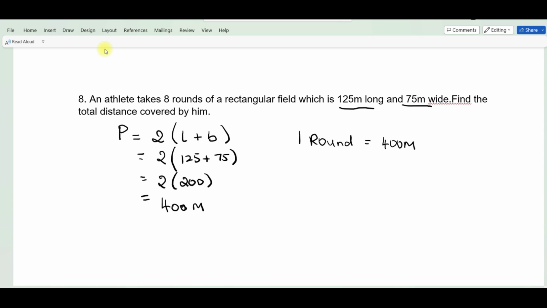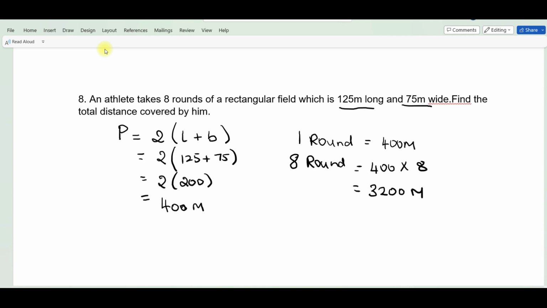So we have to calculate the total distance for 8 rounds. For 8 rounds it would be just 400 into 8, which will give me 3200 meters. Okay, so this is how it is.